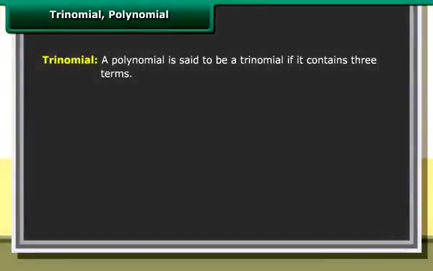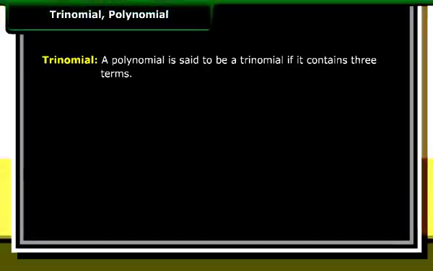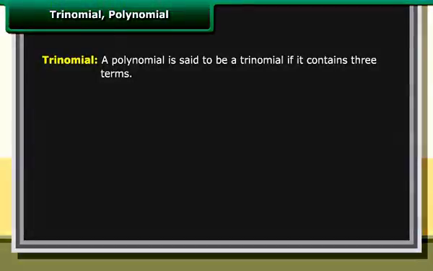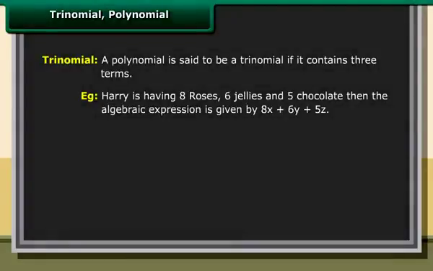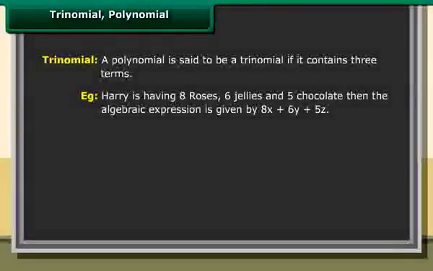9x plus 5y is a binomial. Trinomial. A polynomial is said to be a trinomial if it contains 3 terms. For example, Harry is having 8 roses, 6 jellies, and 5 chocolates, then the algebraic expression is given by 8x plus 6y plus 5z.